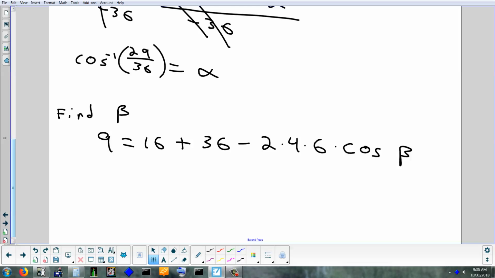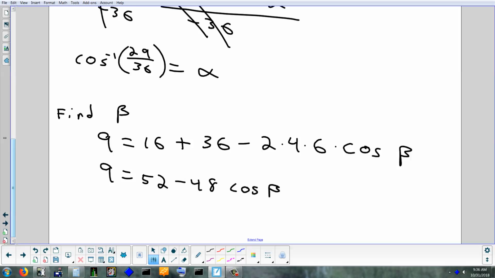Okay. So we'll do all the combining like terms that we can right now. 16 plus 36 gives me how much? 52. 2 times 4 times 6. 48. 8 times 6 is 48.